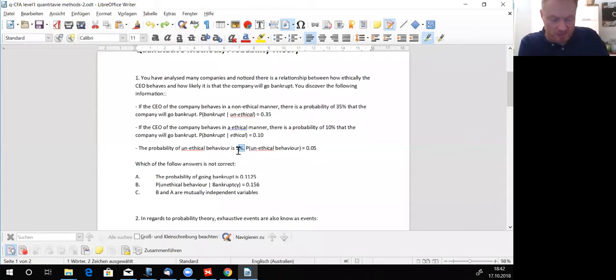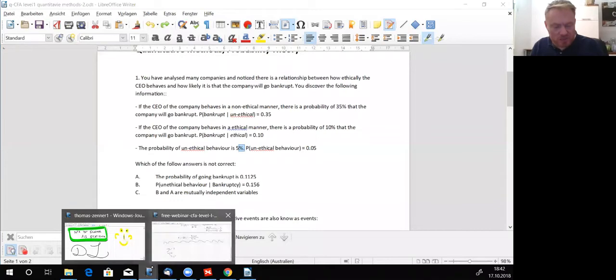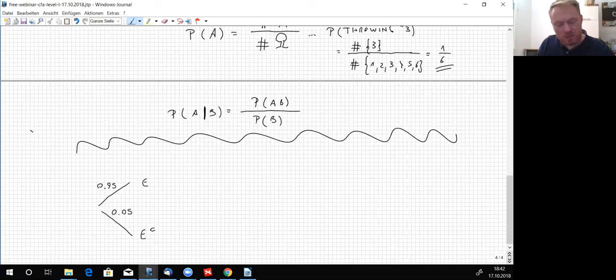So that is that. Now there's a different level, the second level. If the CEO behaves ethically, then the company could go bankrupt, or it could not go bankrupt, given that E happened first.